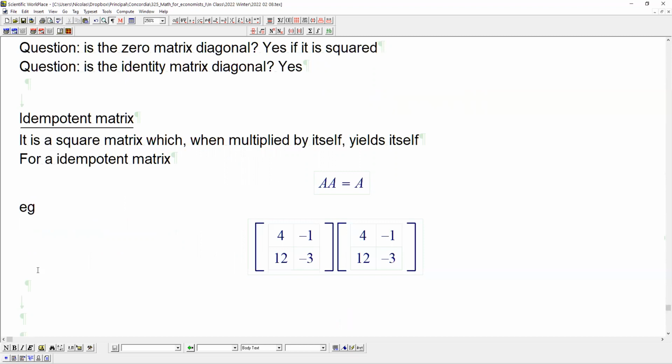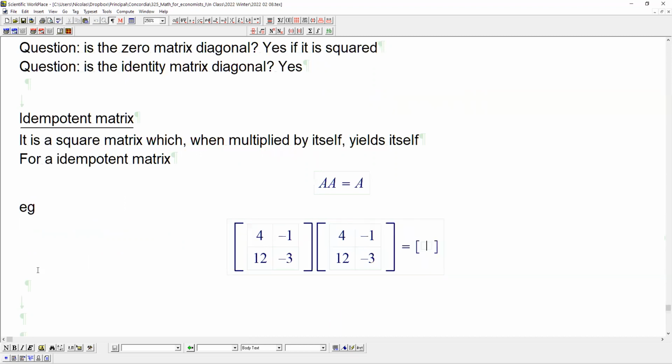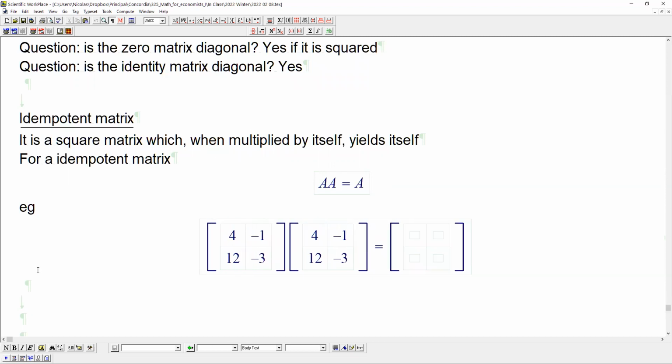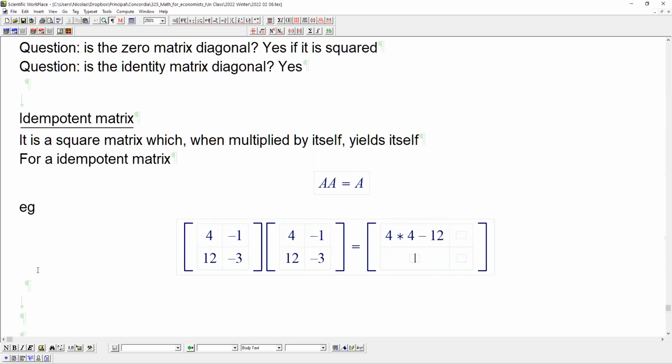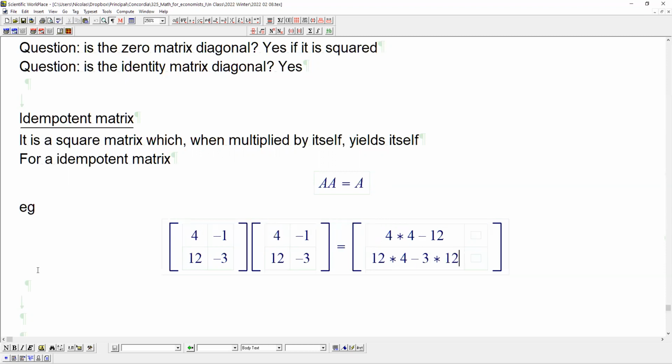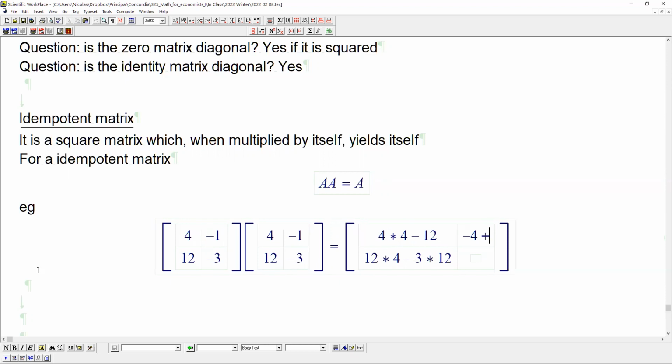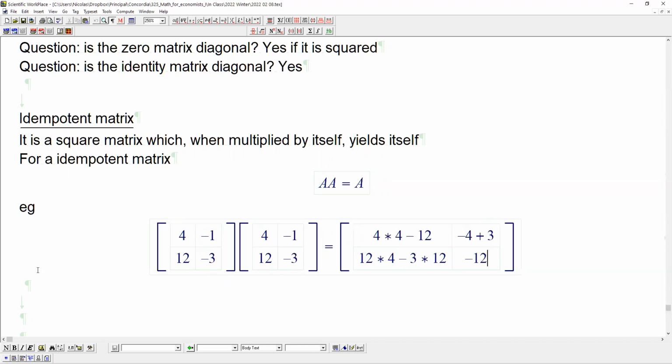So if I multiply these two things together, let's just have fun and look at what we get. I'm going to redo it element by element. So I get 4 times 4 minus 12. Here I get 12 times 4 minus 3 times 12. And here I get 2, minus 1 times minus 1. So minus 4, and then plus 3. Then I get minus 12 plus 9.